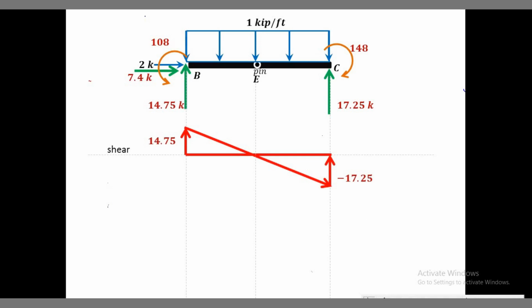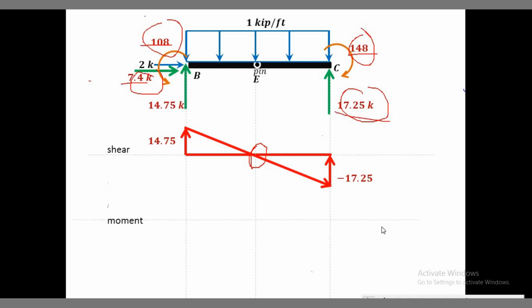So, as you can see here in the diagram, nag-zero G shear dito yung ayan ti pin. Pakisublian nga di analysis iti member AB kan member CD.